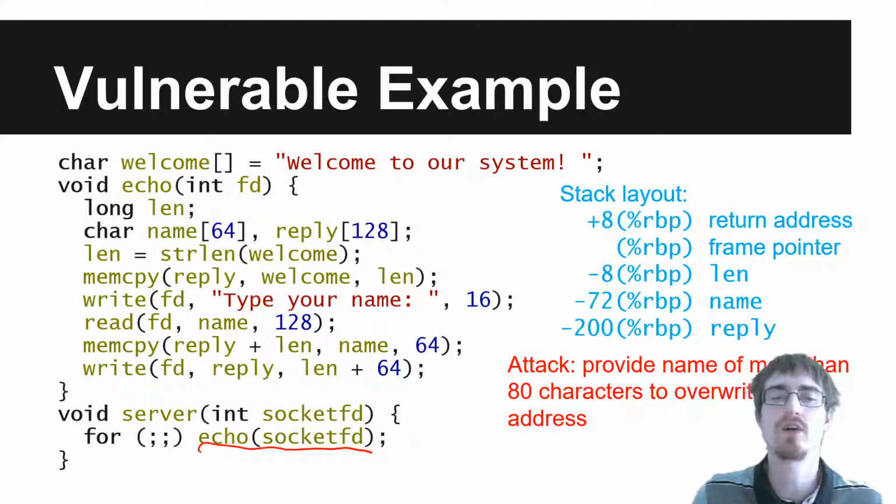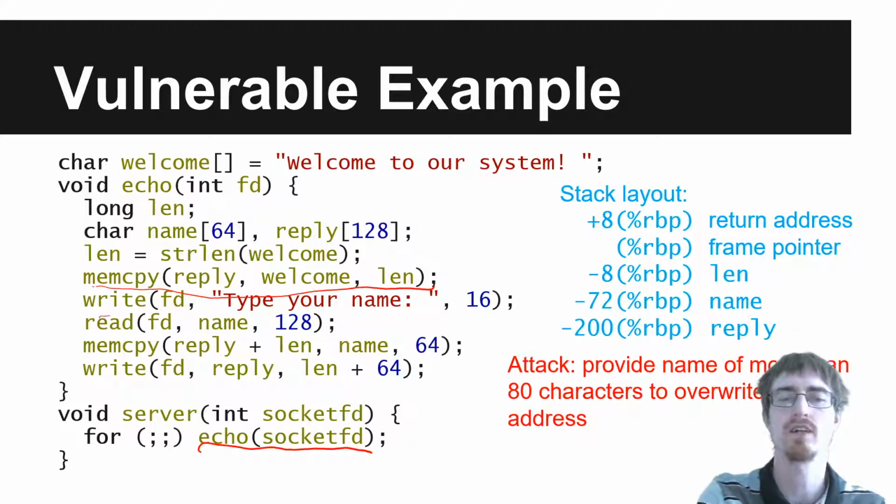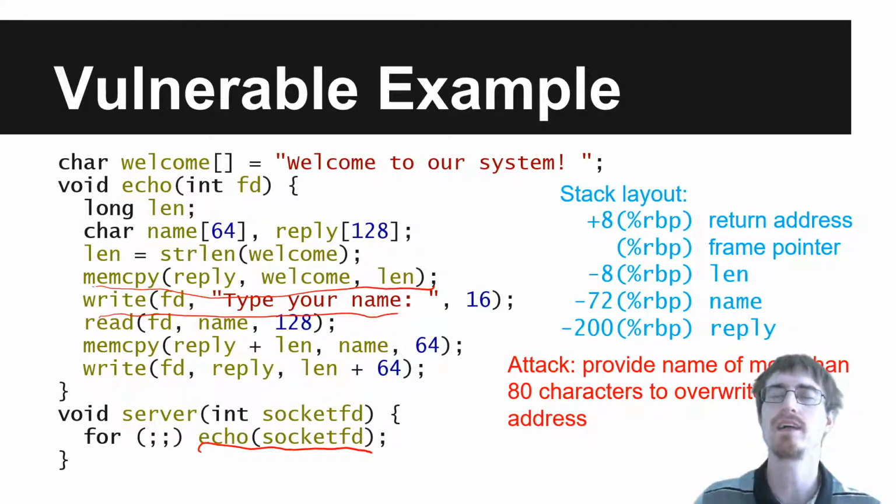So what is it going to do? Well, it's going to perform a memcpy, which copies the welcome string into the reply. Then it sends a string over the socket, asking the person on the other end to type their name, and it reads the response from the socket.